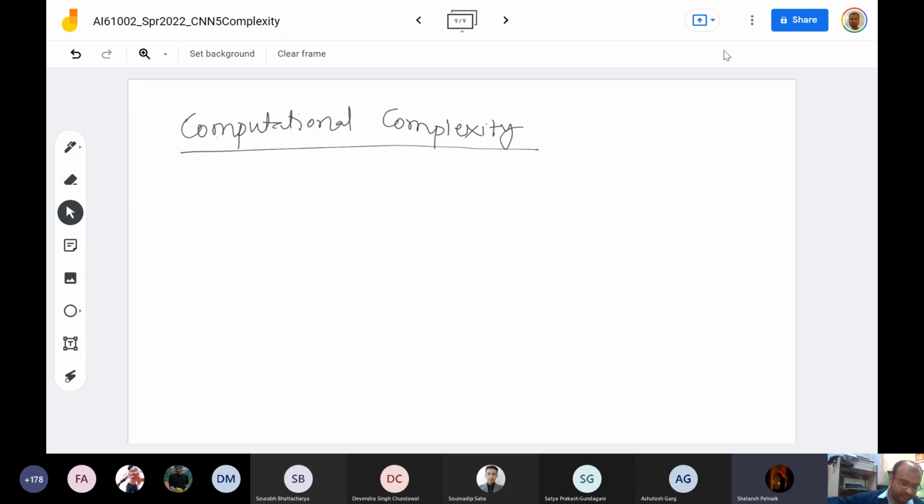Okay, so the next thing which we look into now is what is called computational complexity. When you're looking at computational complexity, we need to understand a couple of things. So now let us look into this convolution operation, how it operates.